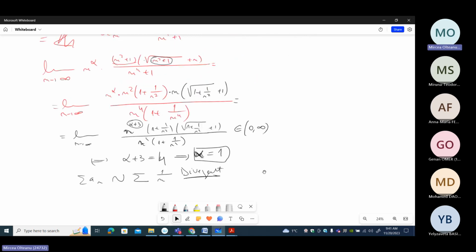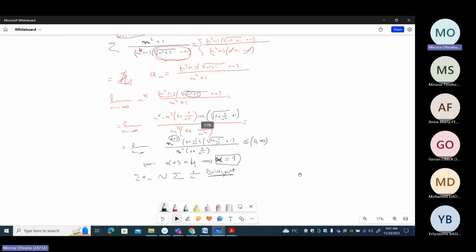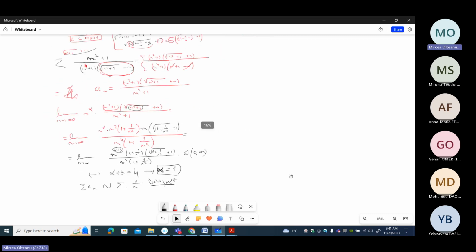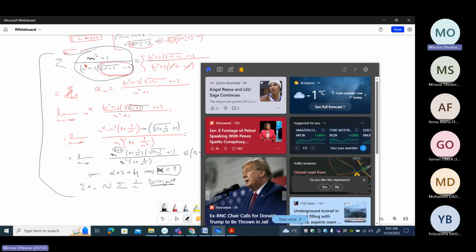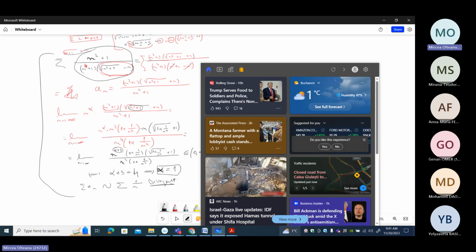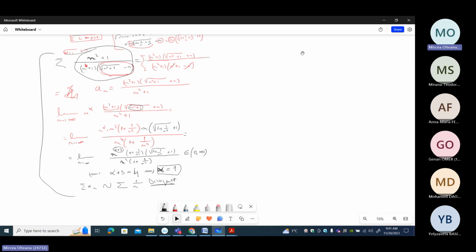It has the same nature as the Riemann series with alpha equals 1. So a small variation here, a small change of the initial value by amplification with a conjugate, if necessary. Not always it is necessary, but if necessary, we can amplify with a conjugate. And in general, if you have roots and subtractions, like in the previous examples.